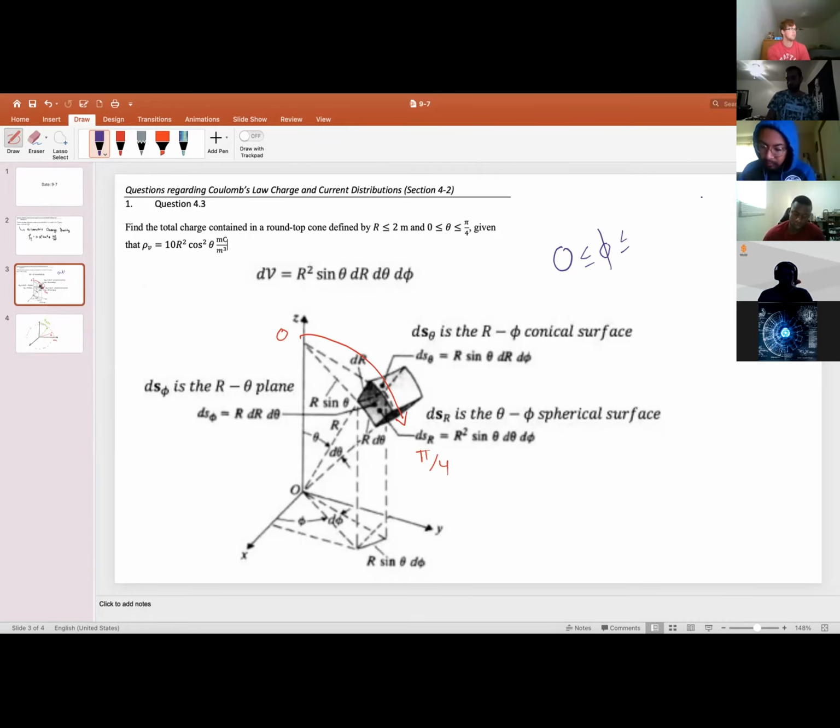So if we want to make a cone, we need one more piece of information. The cone starts here and it keeps going in this direction, right? When does it stop if we want to make a complete cone?